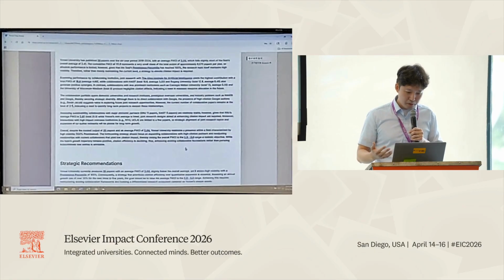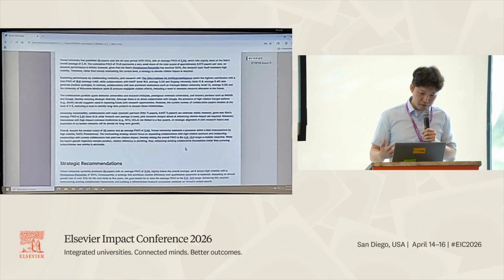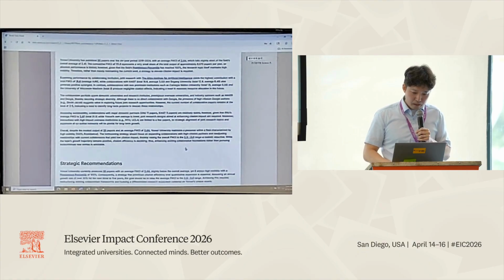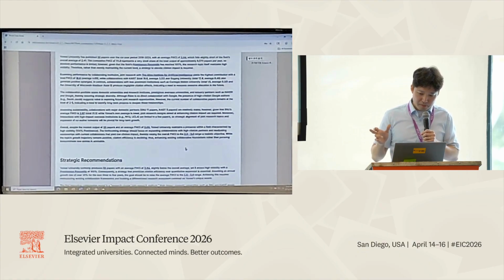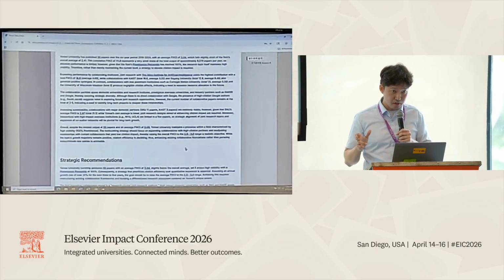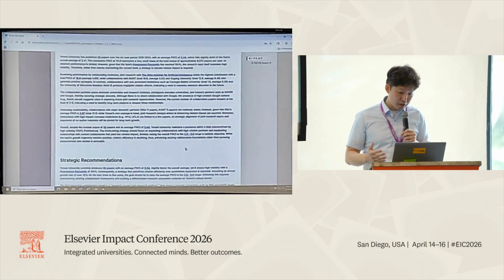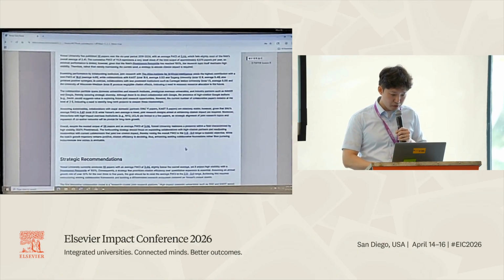And the collaboration portfolio spans domestic universities and research institutes, and industry partners such as Naver and Google. However, the current number of collaborative papers remains at the level of 2 to 5, indicating a need to identify long-term projects to deepen these relationships.